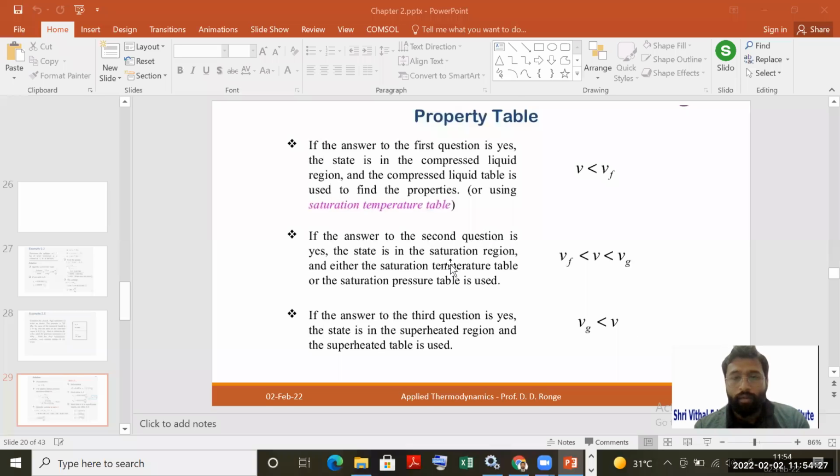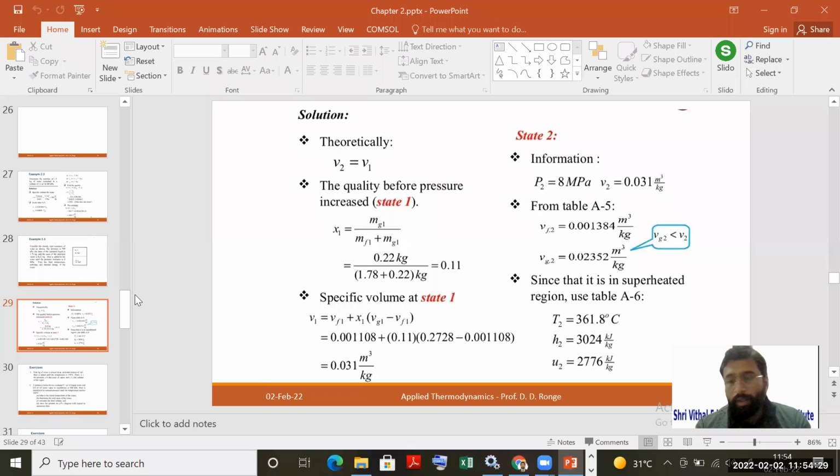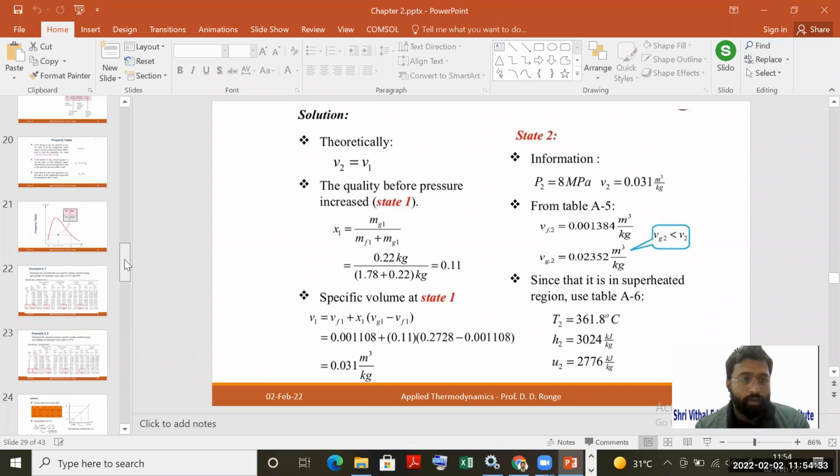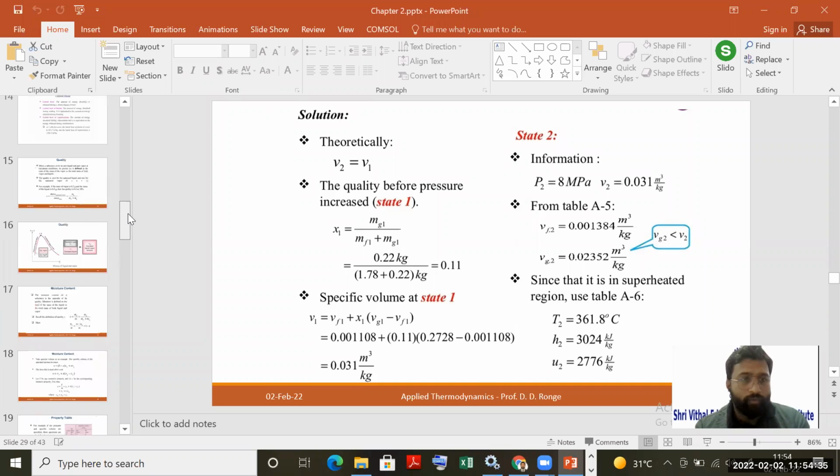Okay. Now, how to calculate properties in the subcooled region? For that I'll take a graph for reference.